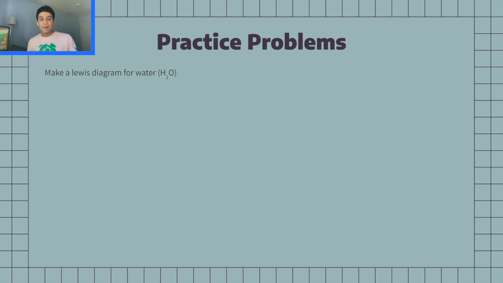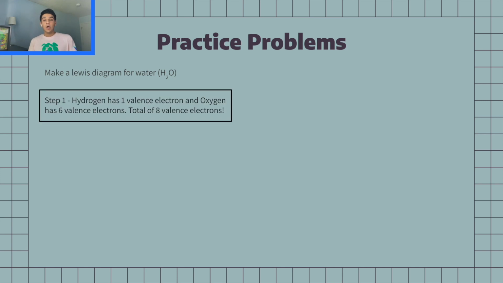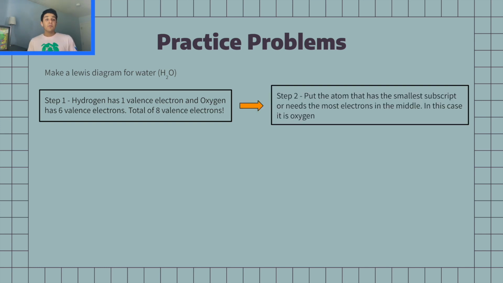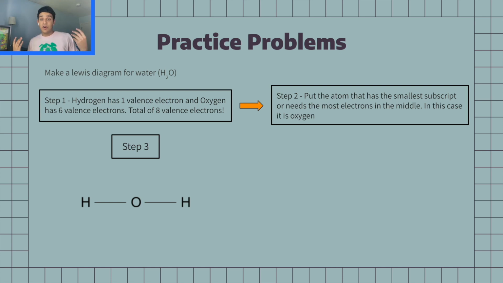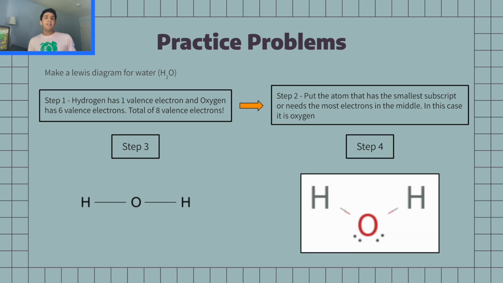So if we're going to draw out water, first we're going to count up the total number of valence electrons in the molecule, which is going to be 8. Then we're going to find out which atom goes in the middle, which in this case is oxygen, since it has the lowest subscript. Then we're going to draw a rough sketch by connecting each of the atoms with a line, which is symbolic of a bond. And finally, we're going to add the remaining electrons as necessary.